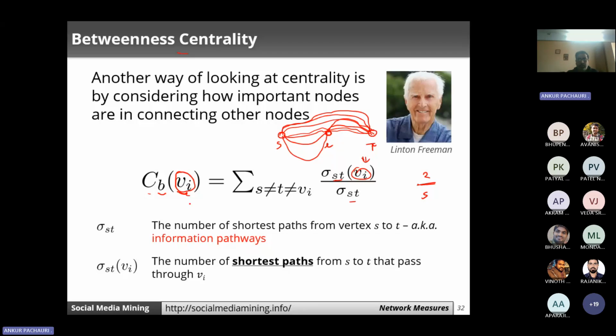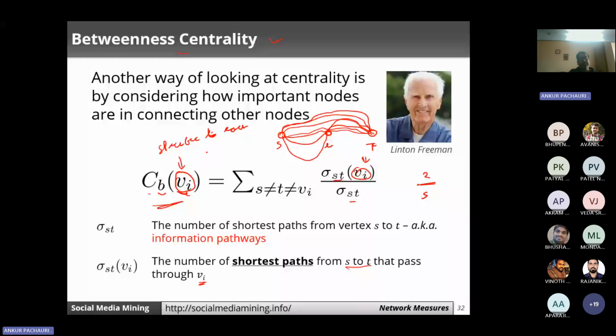So this importance gives me a measure, and we call it betweenness centrality. It is a ratio of the number of shortest paths from source to destination, over all the nodes, that pass through a particular node. So that is specific to each node.